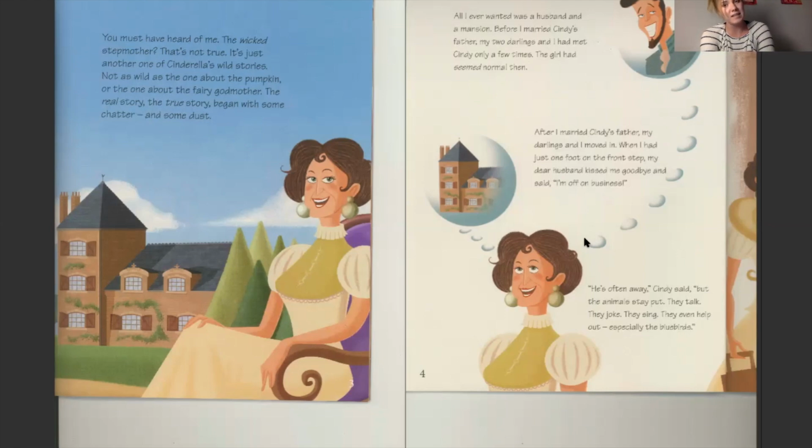The girl had seemed normal then. After I married Cindy's father, my darlings and I moved in. When I had just one foot on the front step, my dear husband kissed me goodbye and said, "I'm off on business." "He's often away," Cindy said, "but the animals stay put. They talk, they joke, they laugh, they sing. They even help out, especially the bluebirds."